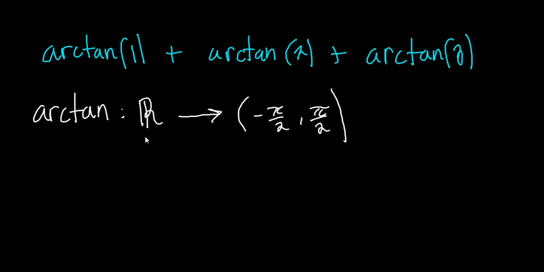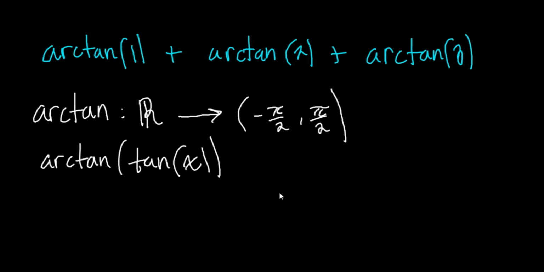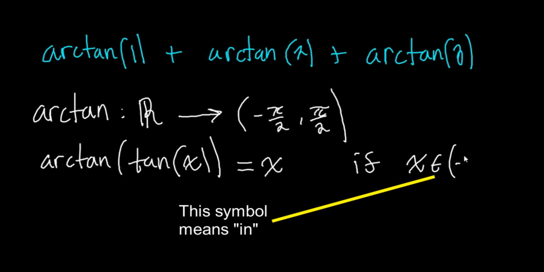Moreover, arctangent acts like an inverse to the tangent function, but only for a particular chunk of the tangent function. So what I mean by that is this: if I were to take the arctangent of the tangent of x, then this is equal to x if x is in the interval from negative pi over 2 to pi over 2.